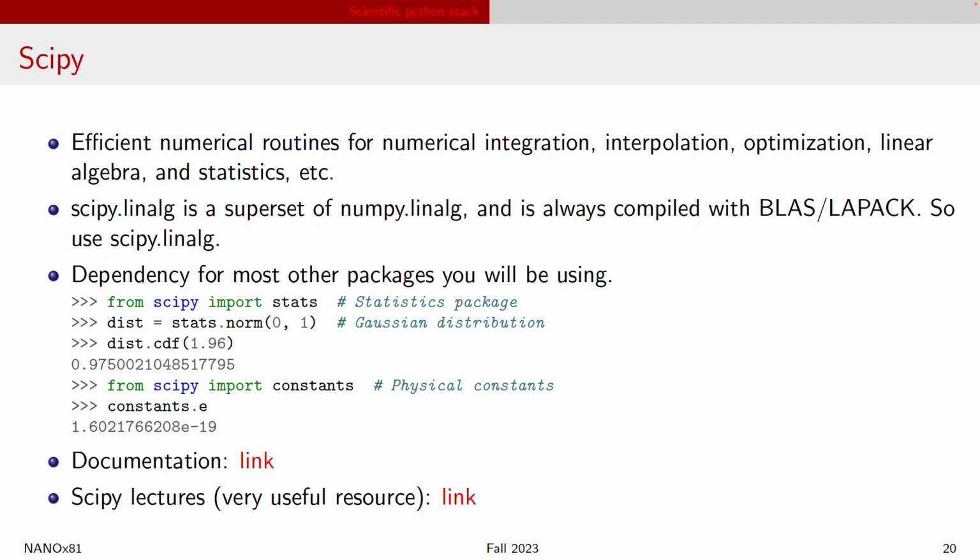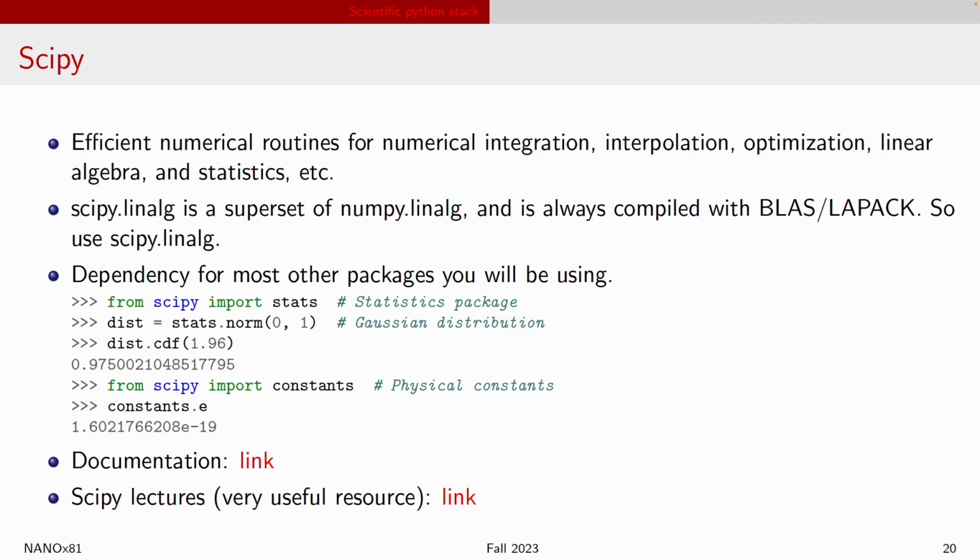So for instance, if you want a Gaussian distribution, you do stats.norm, which stands for the normal distribution. 0, 1 means that I want the normal distribution with a mean of 0 and a standard deviation of 1. And then you can calculate things like the cumulative distribution function of the normal distribution up to the value of 1.96, and this gives me 0.975, which is the 95th percentile cutoff.